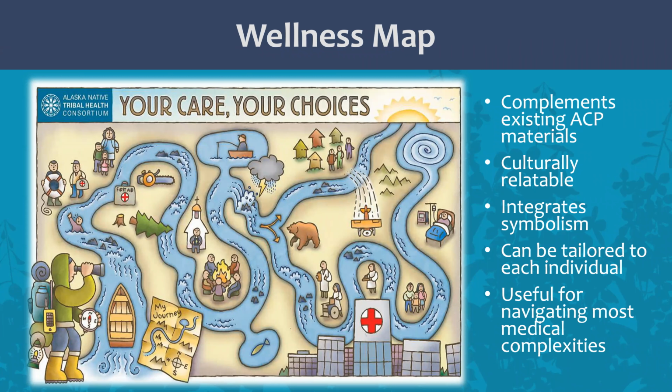The vision of our wellness map was to show pictorially, with images that people could relate to, especially within the Alaska Native culture, like, number one, a river and water. Because really, what is this conversation map about?